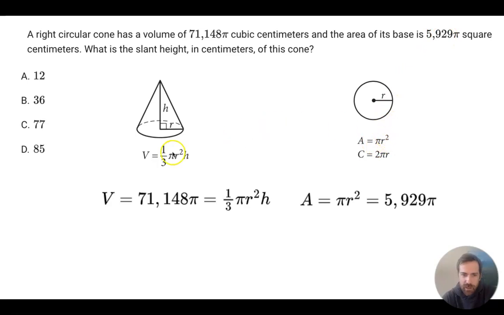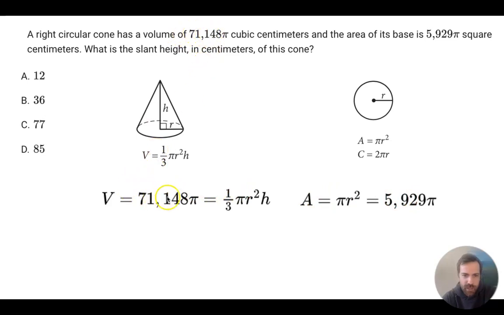We also notice we have a pi r squared in the volume equation. So if the area is pi r squared and that's equal to 5929 pi, we can substitute this number in for our pi r squared, right? So our volume, they tell us, is 71,148 pi.